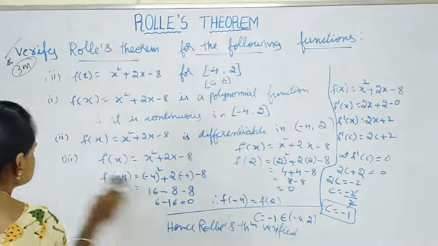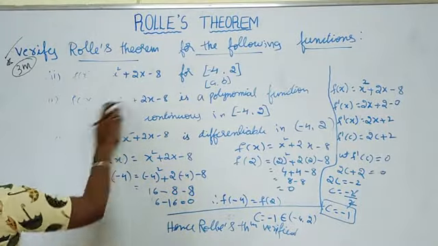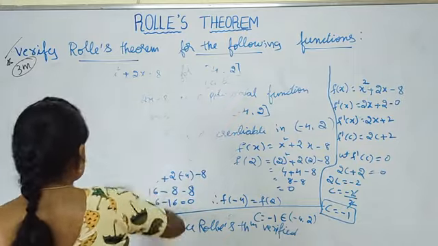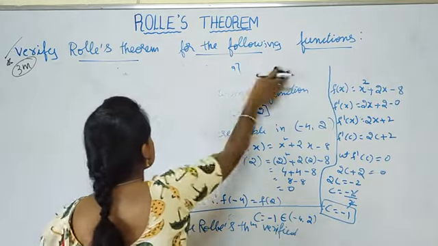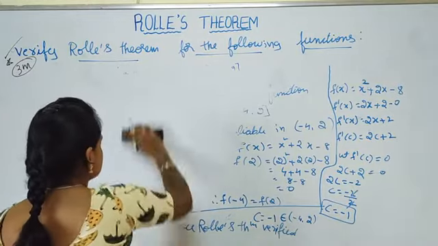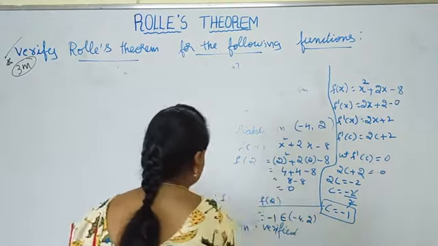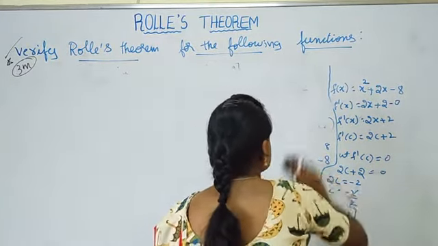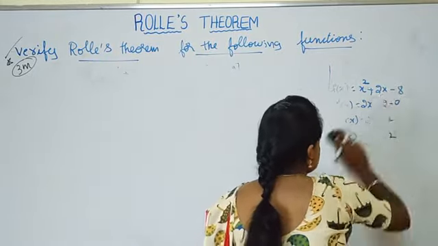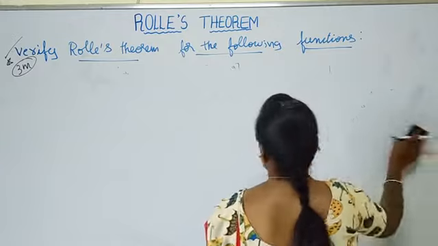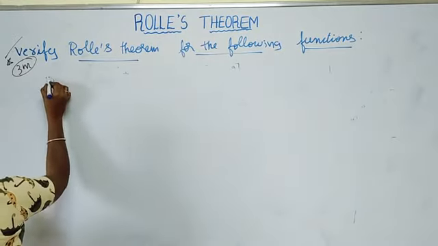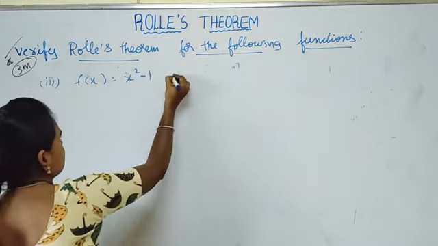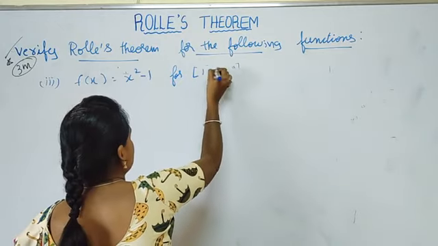Understand? So the next problem. The next problem is the third one. f of x is equal to x square minus 1 for the interval 1, 2.